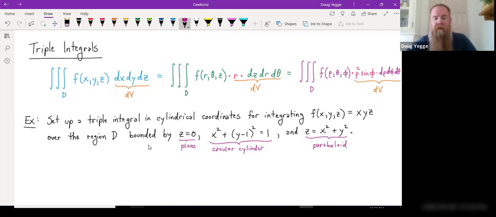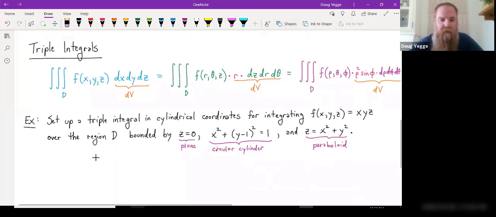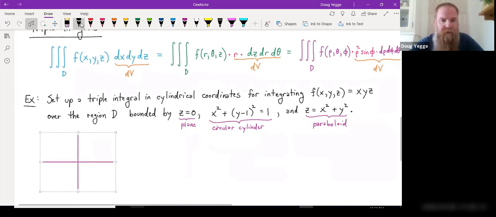Okay, so now we just want to think about what's going on here. If we take a look at the xy trace, just to see what this would look like in the xy direction, then we see that it's nothing more than just a circle that's centered at the point 0, 1.